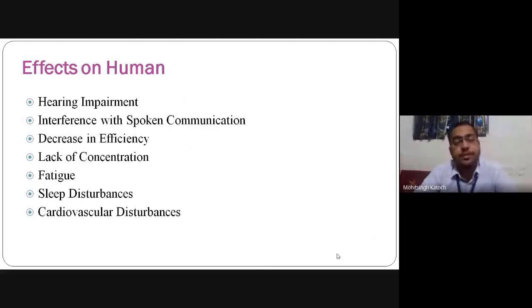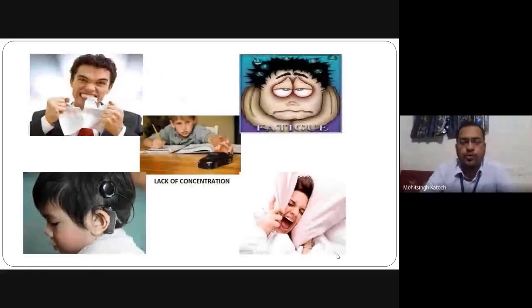They are unable to sleep at night, and many people are developing cardiovascular diseases. So all these are effects of noise pollution. You can see how noise pollution hampers our normal day-to-day life. Fatigue and lack of concentration are severe side effects of noise pollution.